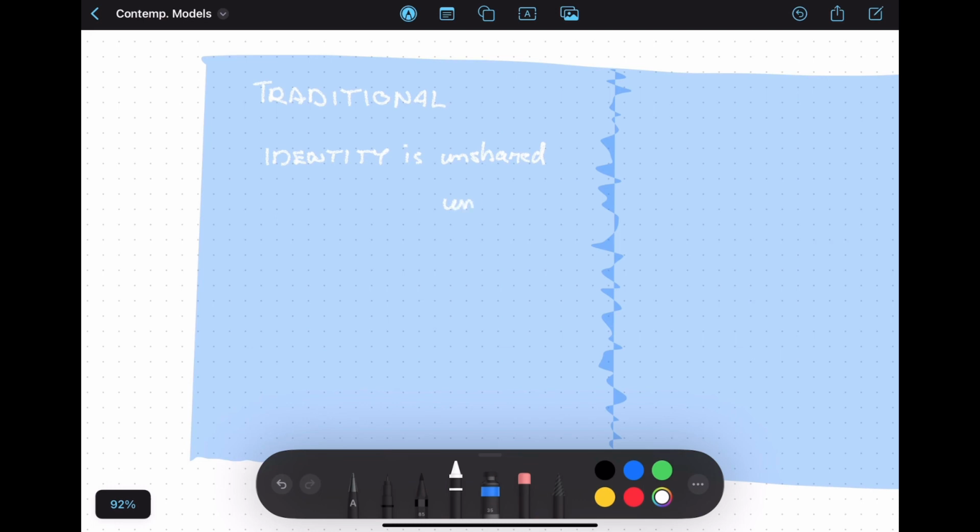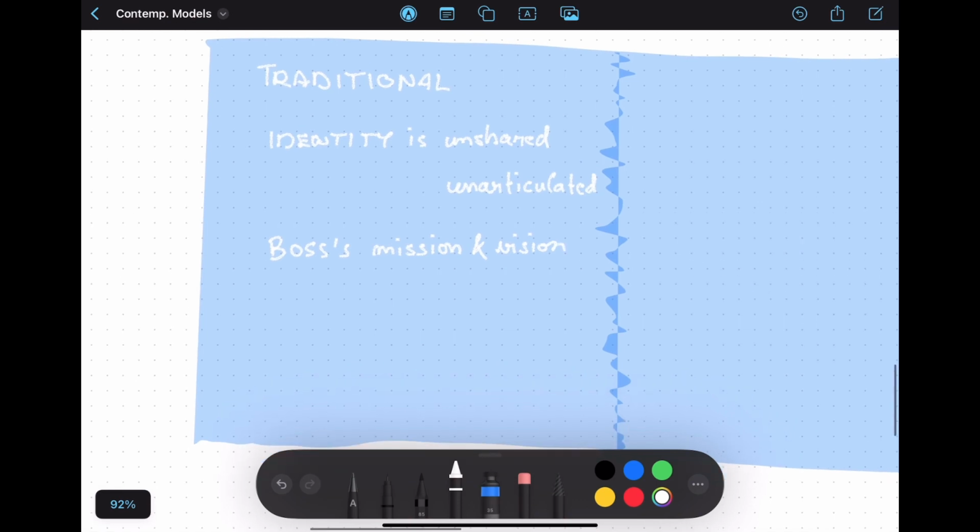In short, this sort of relationship means that a worker creates value for an employer, and in return, an employer pays for that value with what we call a wage or a salary. In such setting, work is meant to realize the boss's mission and vision, and the employees are hired and paid to actually do it.